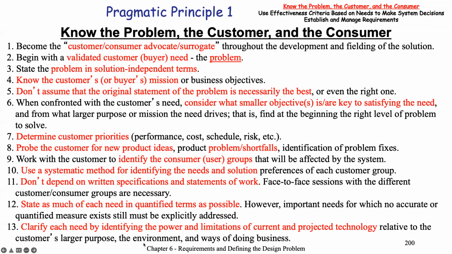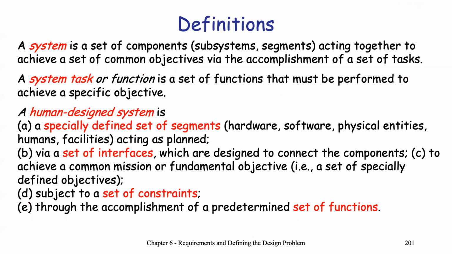And finally, you want to clarify each need by identifying the power and limitations of the current and projected technology. You have to use some level of technology, and so that's the thing that you eventually need to be focusing on. So that's our first of those 3 pragmatic summaries that we'll be going over.